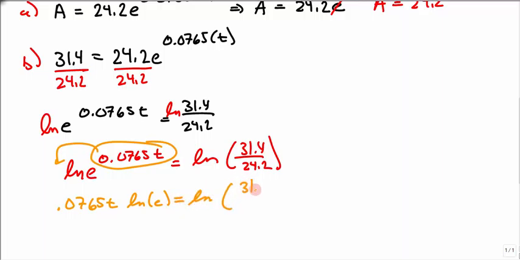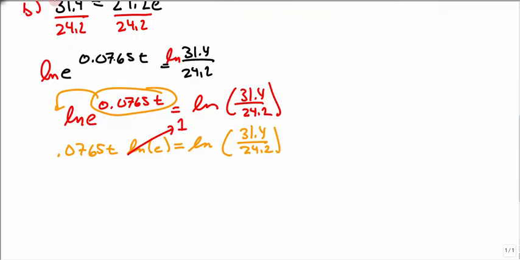After I pull that exponent out front, this is pretty straightforward to solve because of course the natural log of e is 1. And then to solve for t, I would divide both sides through by 0.0765. Whatever you do to one side, you do to the other.